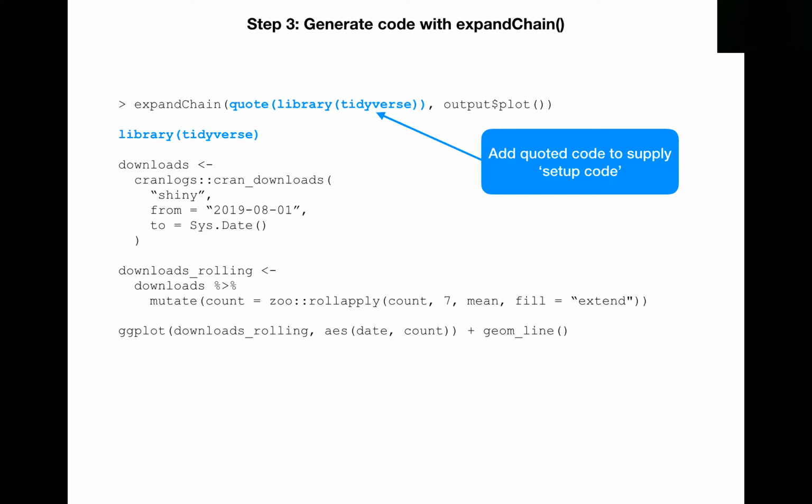Because at the beginning of your Shiny app, you usually load libraries and maybe read in data and some other things that introduce side effects to the environment that you're working in. Our solution right now is to provide those library calls and other things as quoted code.